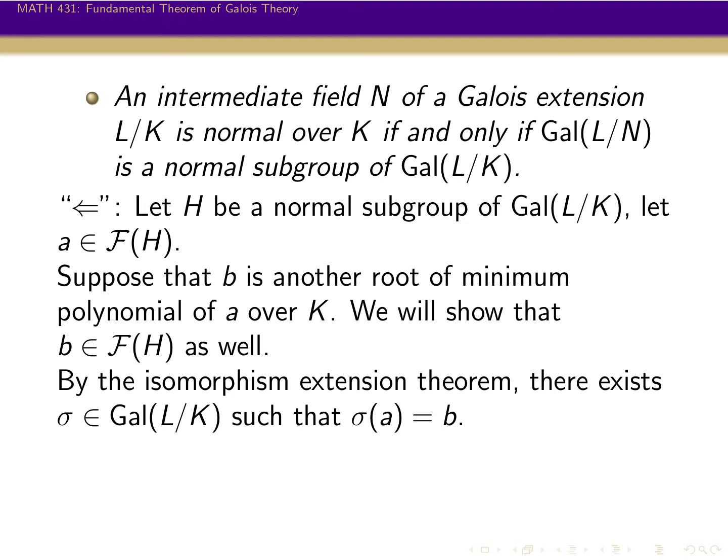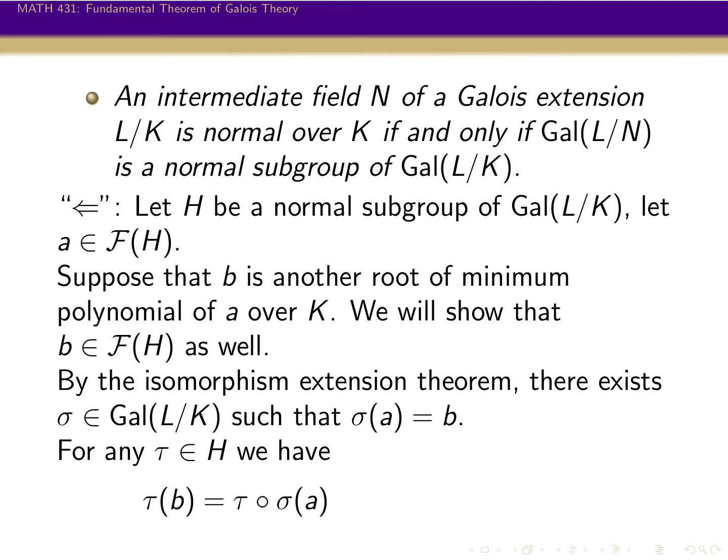So by the isomorphism extension theorem, we can take some element of the Galois group of L over K that sends A to B. So we take some element sigma such that sigma of A is equal to B. Now let's take any element of H, of our normal subgroup. Let's call it tau.